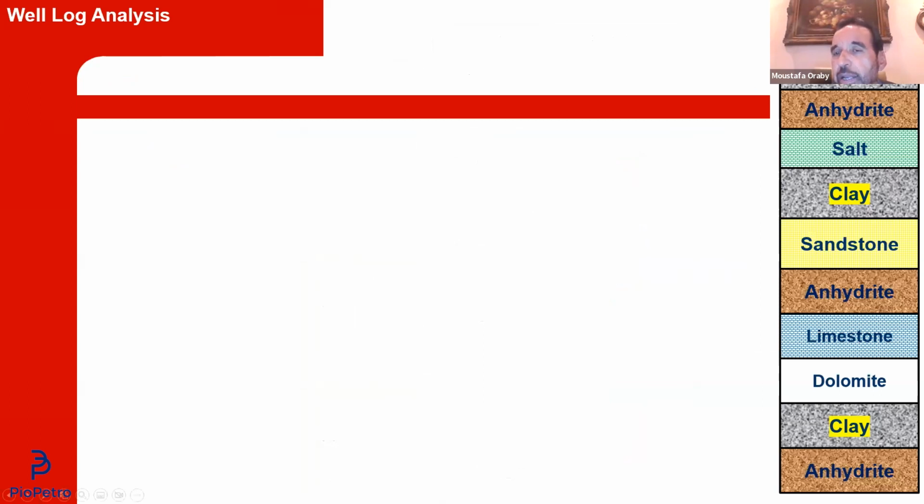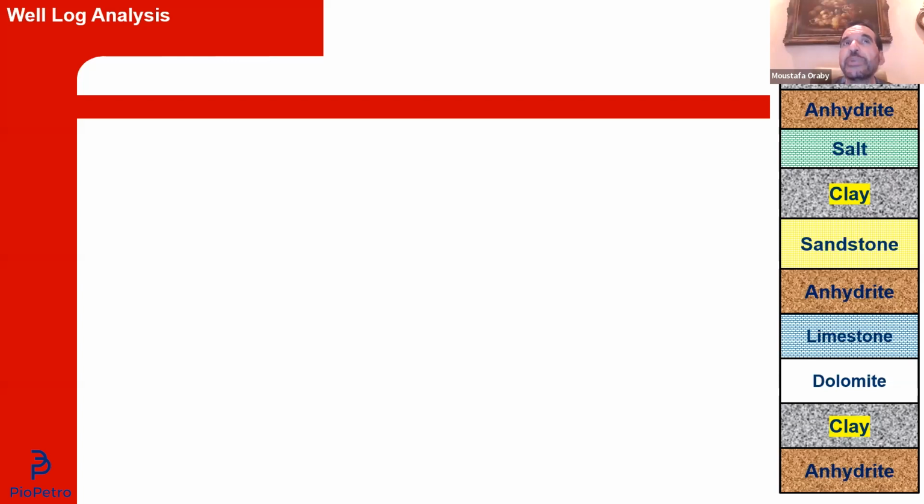The top one is clay, followed by anhydrite, followed by salt, followed by clay, followed by sand, followed by anhydrite, followed by lime, followed by dolomite, clay. It's a very complicated stratigraphic column, similar to what I just showed you in the Gulf of Suez in Egypt.